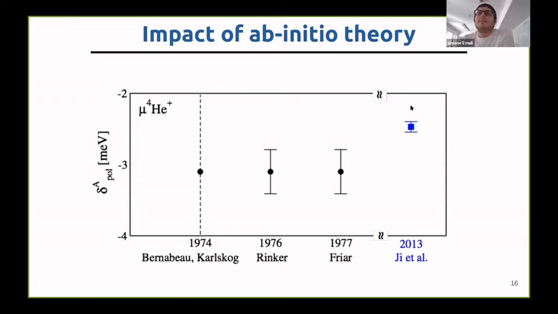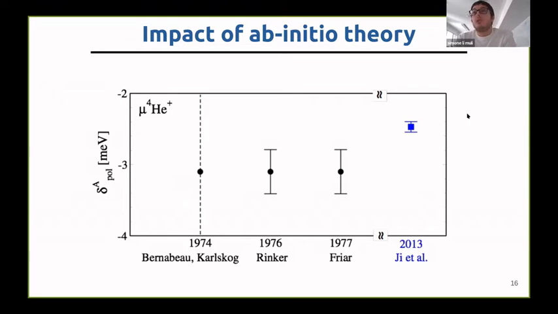However, this uncertainty might look small when it's compared to this scale, but it is still very big when it is compared to the experimental precision. So we still need to improve our computation of this uncertainty, and this is where my part of the job comes in. What I'm trying to do is to redo these computations in light muonic atoms.